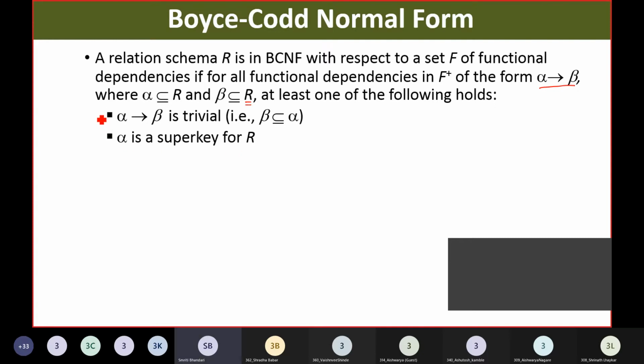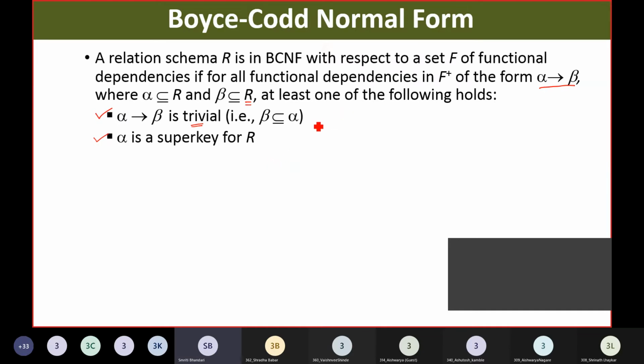What is the first condition? Alpha determining beta is trivial, meaning beta is a subset of alpha. Or, for every dependency in F plus, alpha must be a super key for R.